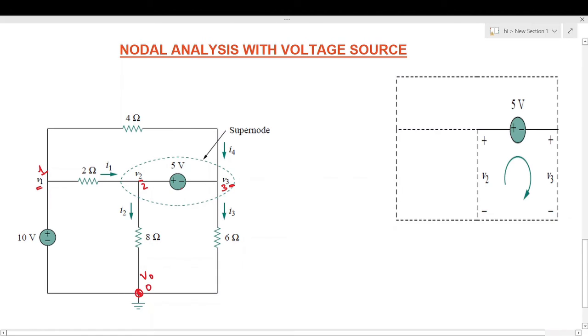This super node has some special properties. The super node will not have its own voltage.